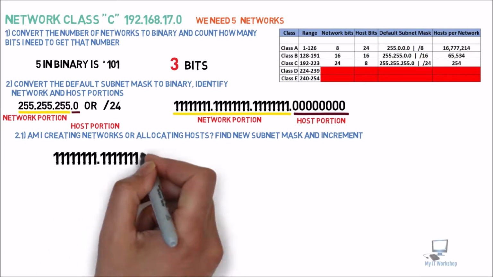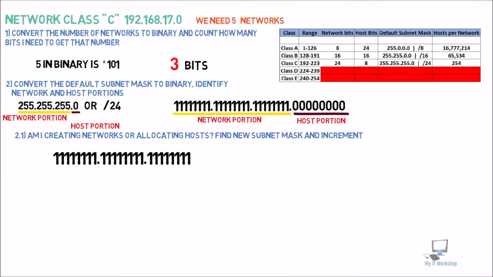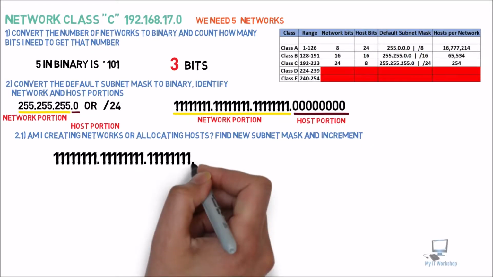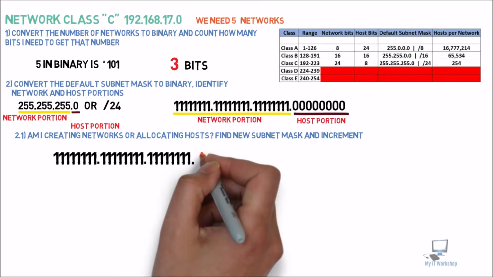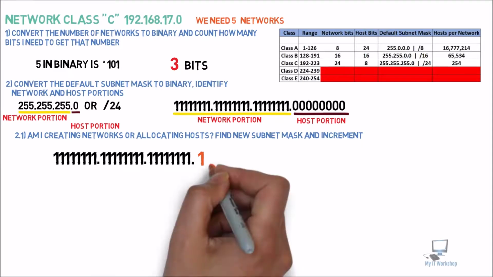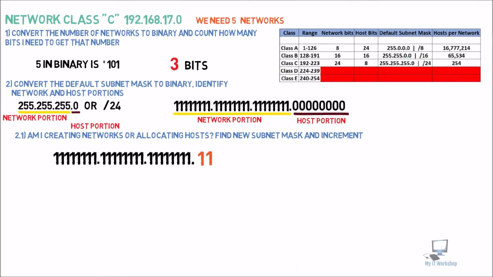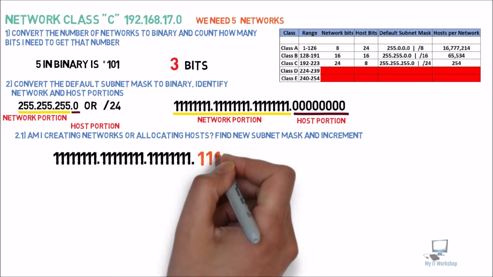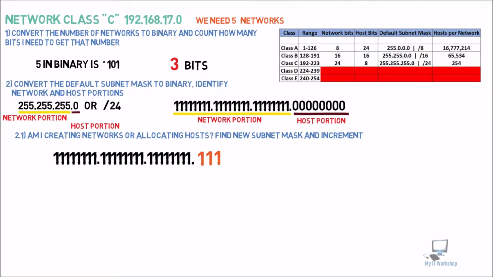So we're going to copy the first 3 octets, but now I need to reserve 3 more bits. Okay, so I'm going to start at the 4th octet because that's where we have to start, and I'm going to start reserving 1s. So as you can see in the first step, I need 3 bits. So I am reserving 3 bits now, and the rest is going to be zeros.